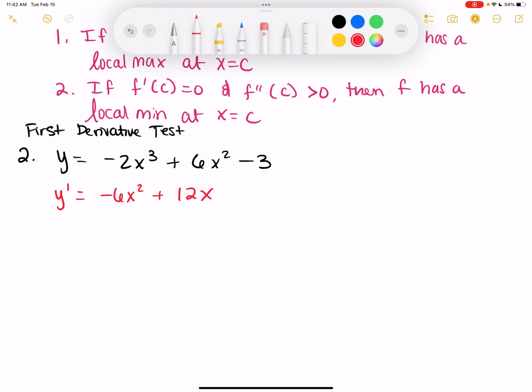And then I want to set this equal to 0, so I'm going to pull out the thing that's in common. I'm going to take out the negative with it. So negative 6x, and then that leaves me with x minus 2. And then we're going to set that equal to 0. So I would have that negative 6x equals 0, or x minus 2 equals 0. So x equals 0 or x equals 2.